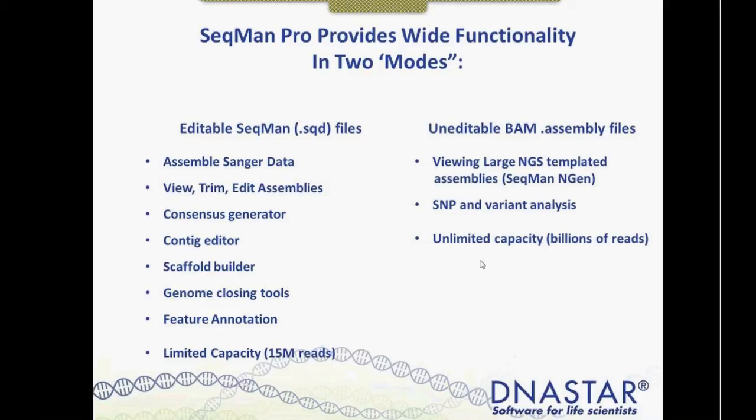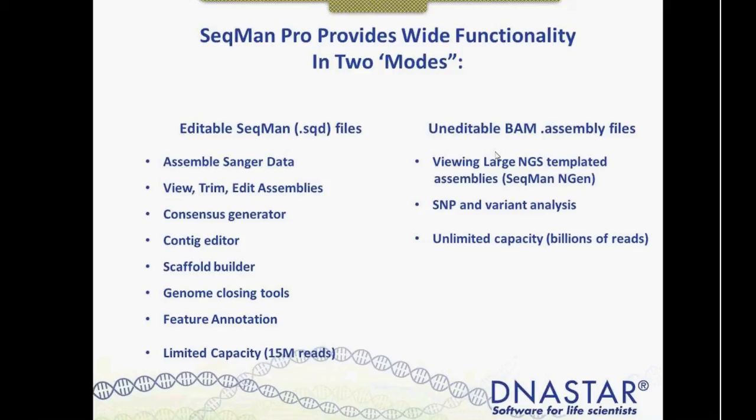And the 2 modes are the editable SeqMan files, the SQD files, and then the other mode is the uneditable BAM.assembly files. And depending on the type of project that you have, you may have to use one workflow or the other, or you may have the option to produce both types of files from, say, a SeqMan Engine assembly.